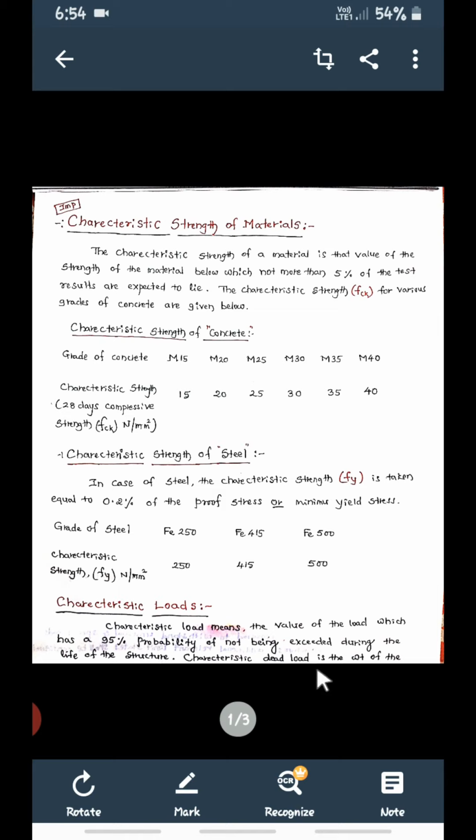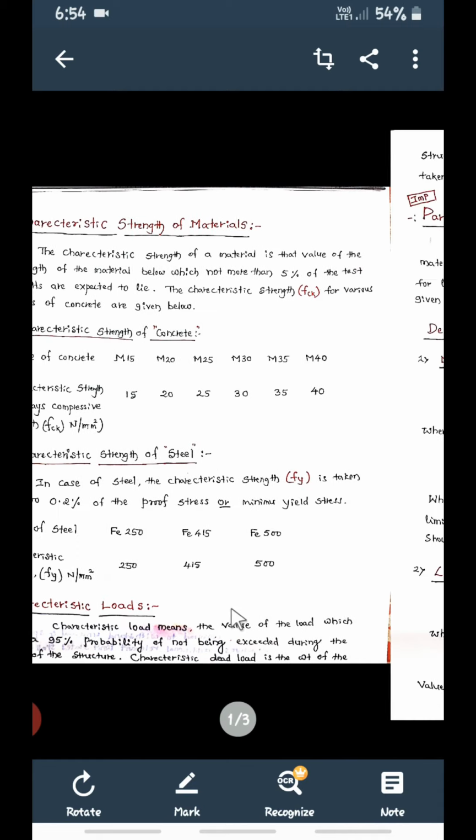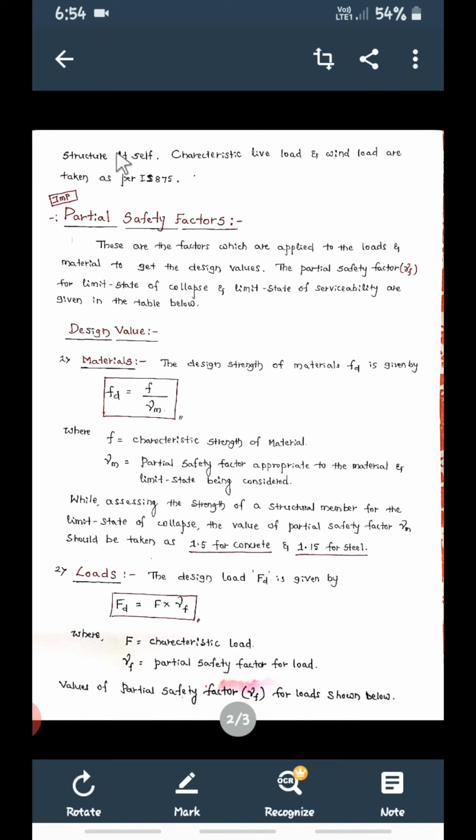Then what is characteristic dead load? Dead load means the self weight of the structure, or self weight of the elements. So characteristic dead load is the weight of the structure itself. Similarly, characteristic live load and wind loads are taken as per IS 875. What is this IS 875? This is the code we refer to as IS 875.